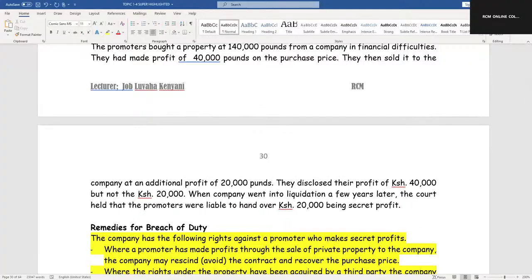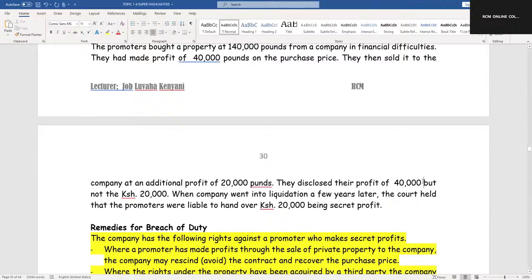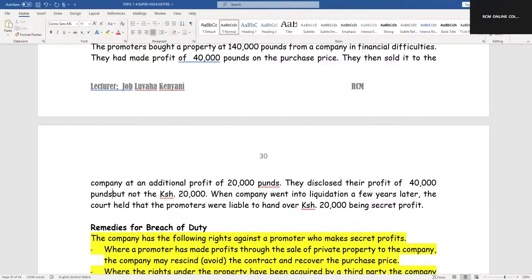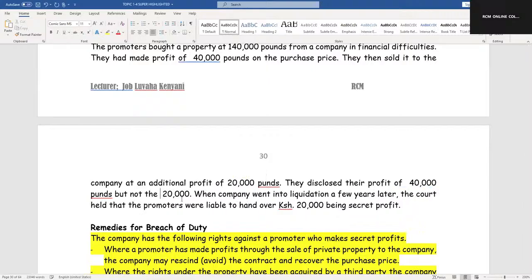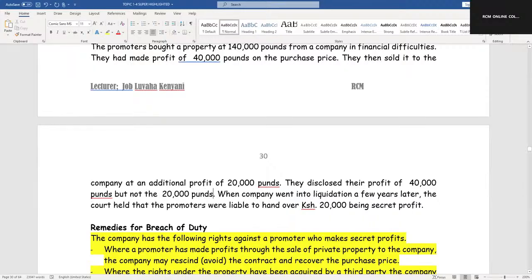They disclosed their initial profit of 40,000 pounds. But they did not disclose the profit of 20,000 pounds, and therefore this was taken to be a secret profit. When the company went into liquidation a few years later, the court held that the promoters were liable to hand over the 20,000 pounds, which was a secret profit.